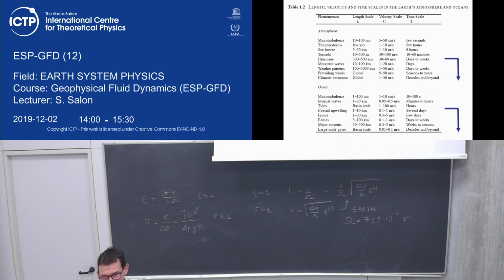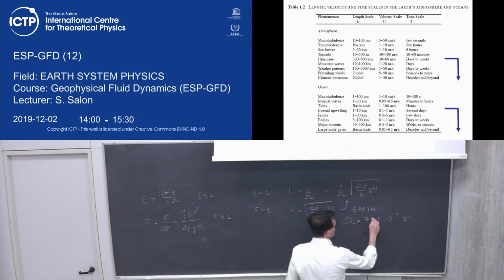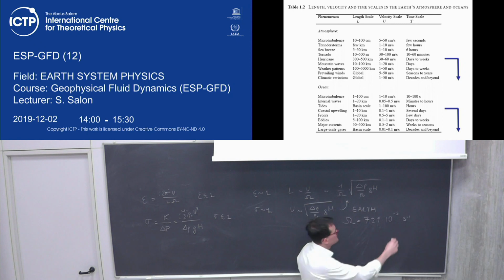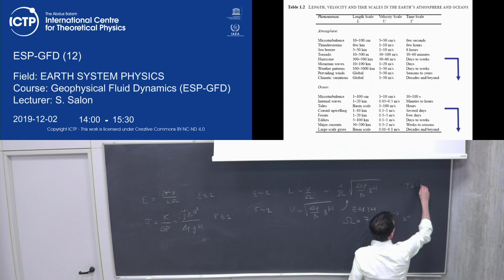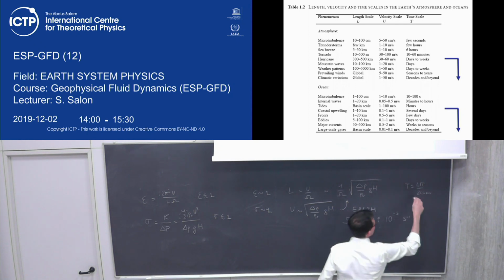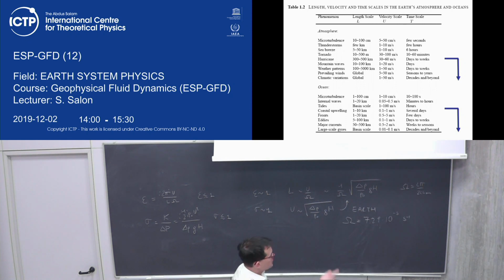Obviously numbers are numbers, but it's very important that you remember by heart some specific numbers. This one, for example, is very important because it's something that can be asked at the exam. Of course you can always find it by doing 2 pi over 24 hours, you recover this number.